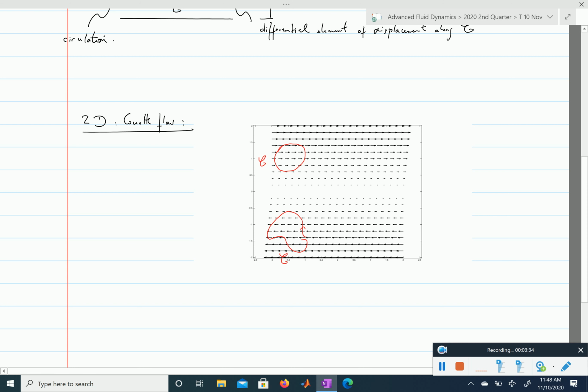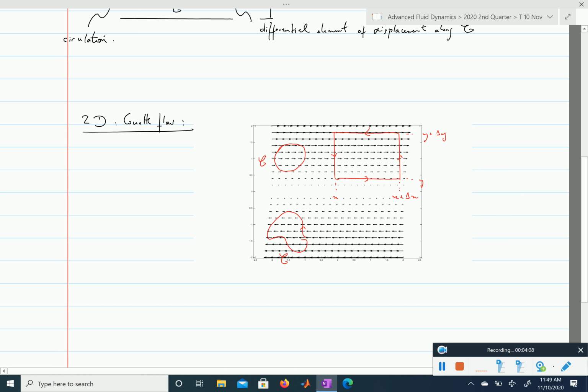So let me consider a simple contour, which is going to be this rectangle here. We're going to move along these directions. We're going to assume that this is at x and this is at x plus delta x, and the same in the y direction: this is y and this is y plus delta y.